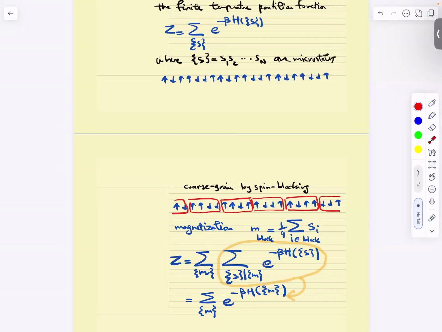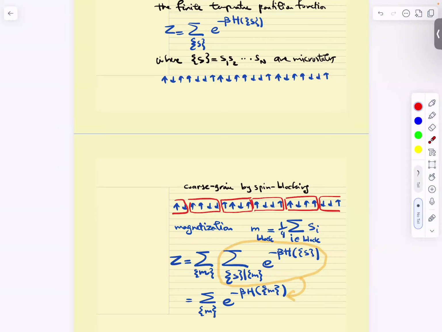Similarly over there. So what can you do? You could split this sum as a sum over M1 and M2, and then a sum over all the S given a particular value of M1 and all the S given a particular value of M2. These are macrostates, and these are all the microstates that contribute to that macrostate.